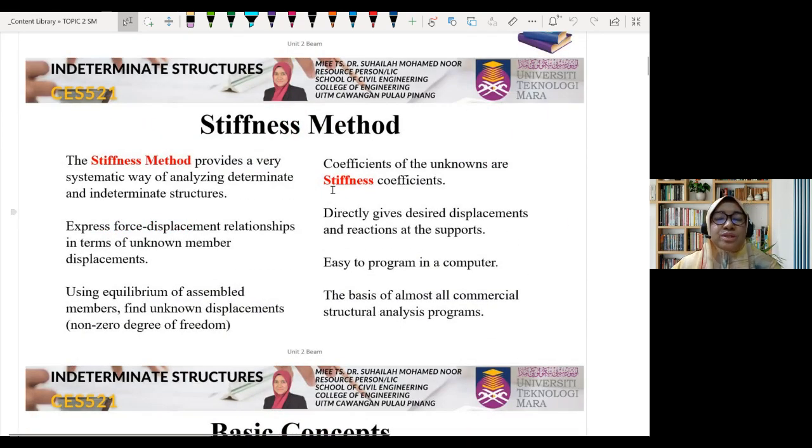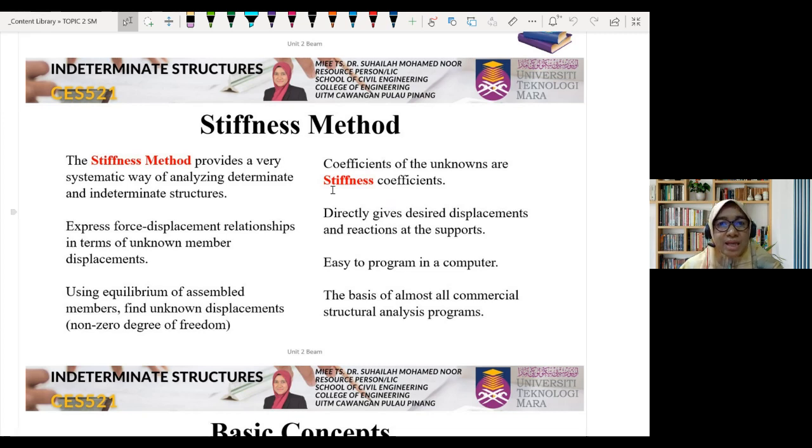Why do we need to study stiffness method? Stiffness method is actually the theory behind all structural engineering software. It provides a very systematic way of analyzing determinate and indeterminate structure.